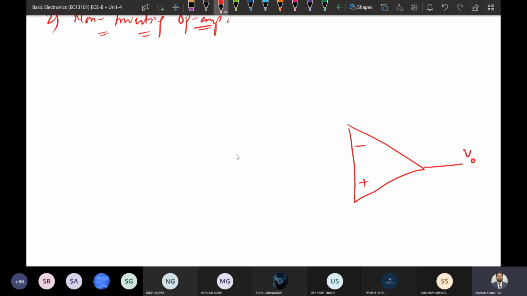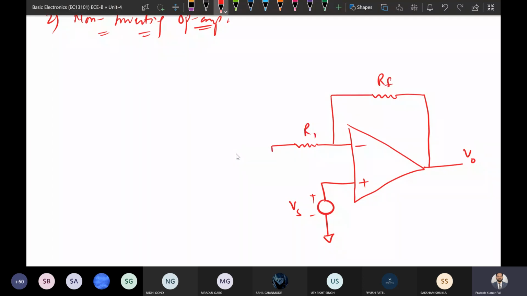This will be our output, and instead of connecting at the inverting terminal, the input is connected to the non-inverting terminal. So here the input voltage is connected, and the feedback will be always with the negative terminal or inverting terminal. So feedback will be here. So this is RF, this is R1, and there is no input means it is connected to ground.